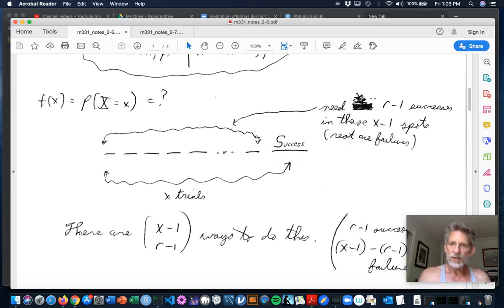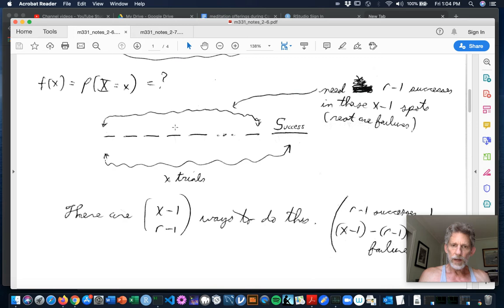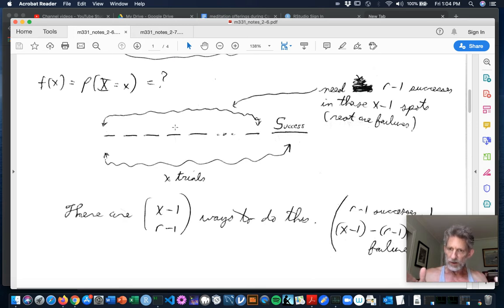But that means that you need r minus 1 successes sitting in these boxes right here. And that's x minus 1 boxes. The rest will be F's for failures. So how many ways can you take X trials to get the rth success?